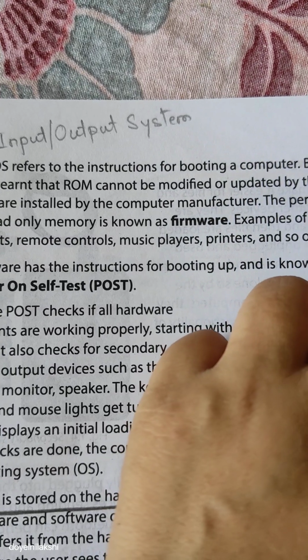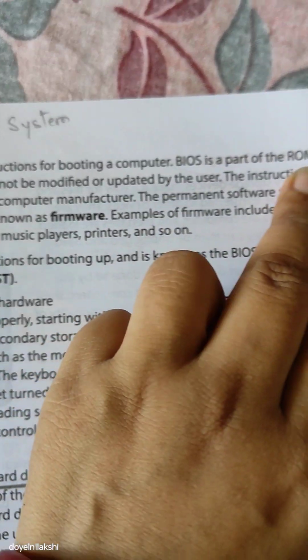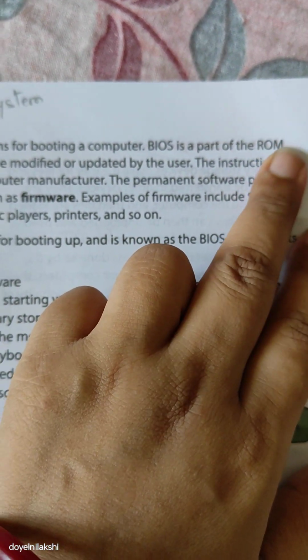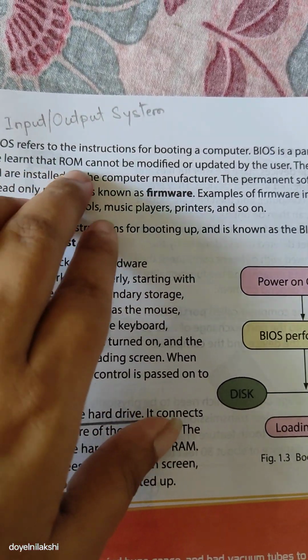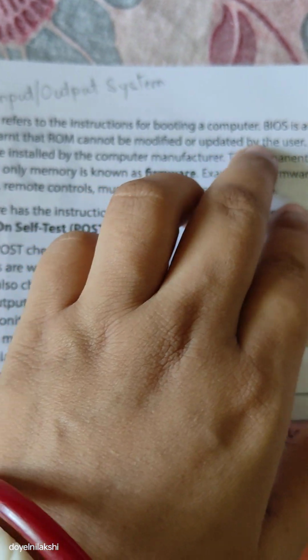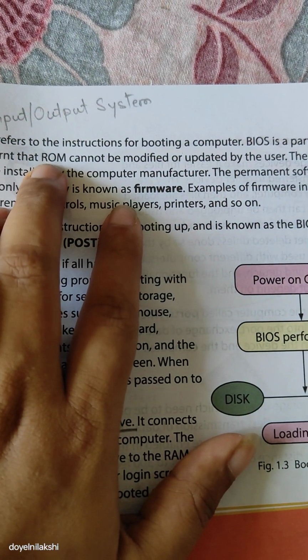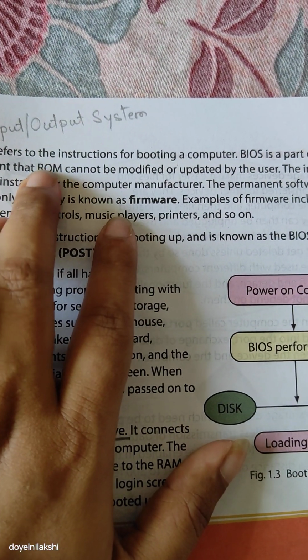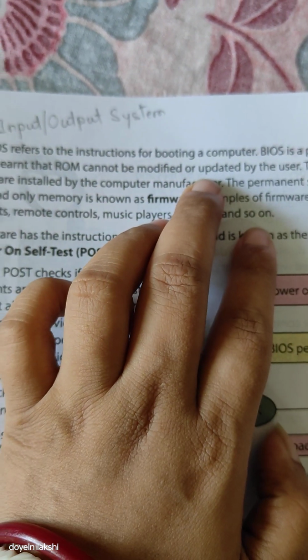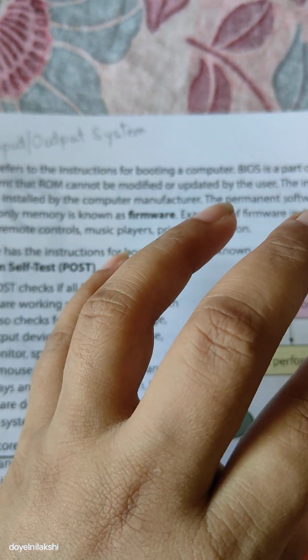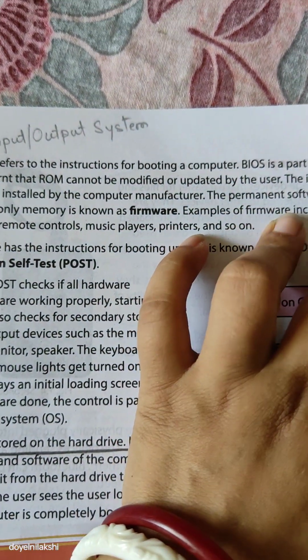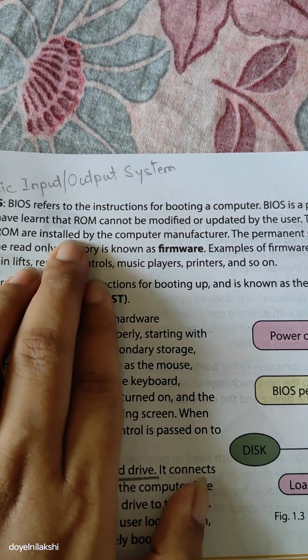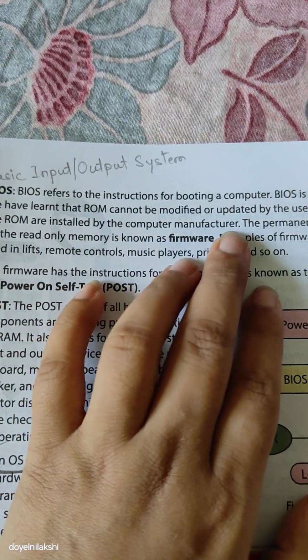BIOS is a part of the ROM. ROM means read-only memory. We have learnt that ROM cannot be modified or updated by the user. We can read, but we cannot modify it, update it, or correct it. The instructions on the ROM are installed by the computer manufacturer.